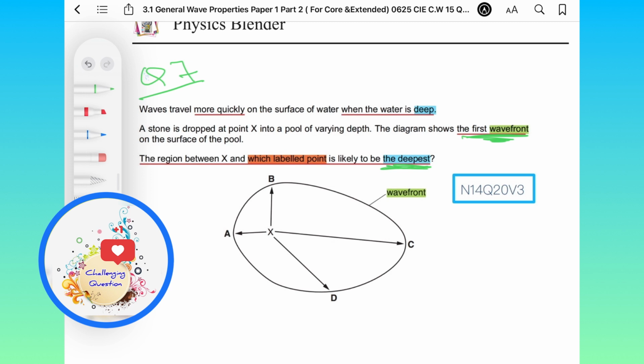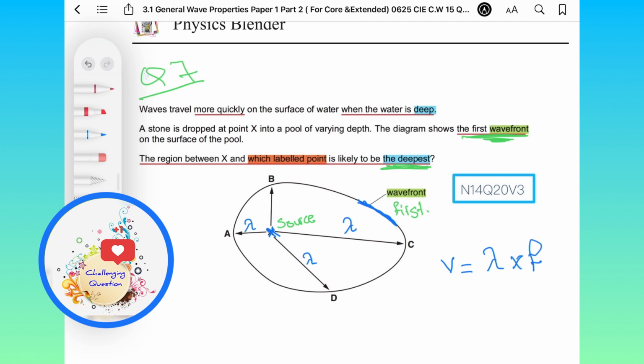X represents the source of the wave, the place where the stone is thrown, and here you have the first wave front. This distance from the source to the first wave front represents the wavelength.